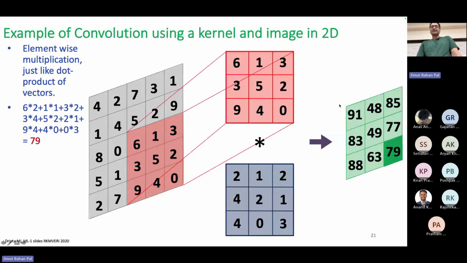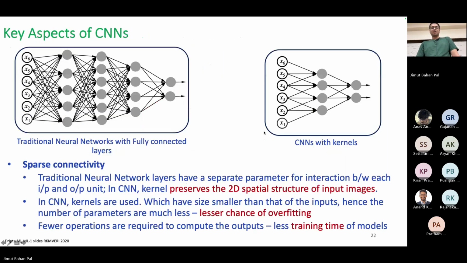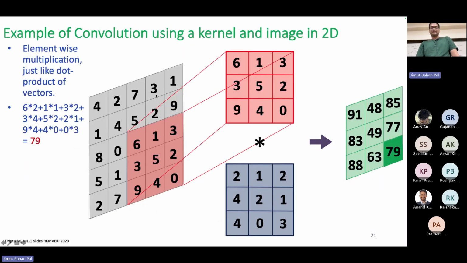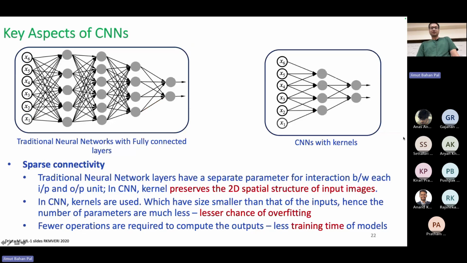So we can see that the 2D representation of the image has been preserved here. Some key aspects of CNN: it has sparse connectivity. Traditional neural network layers have separate parameters for interaction between each input and output unit. In CNN, the kernel preserves the 2D spatial structure of the input image. We can see that this is also in 2D.